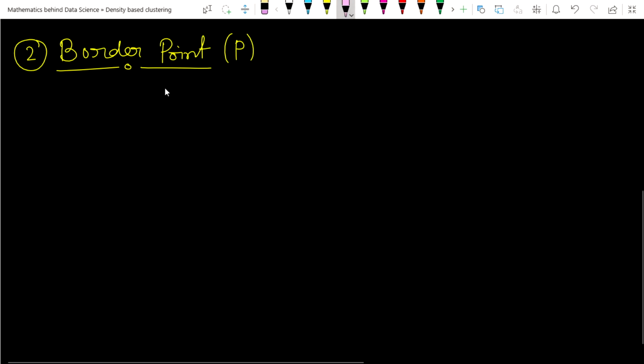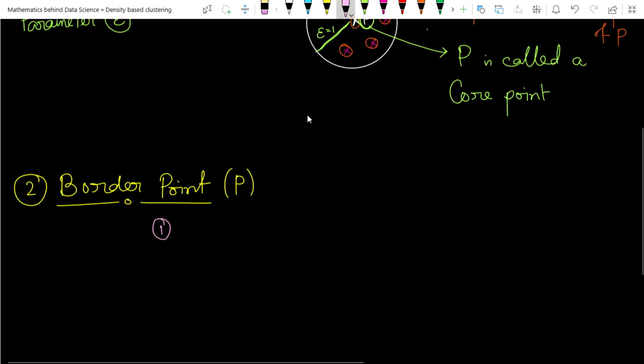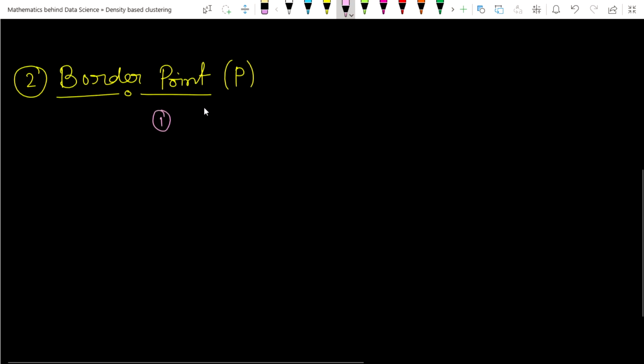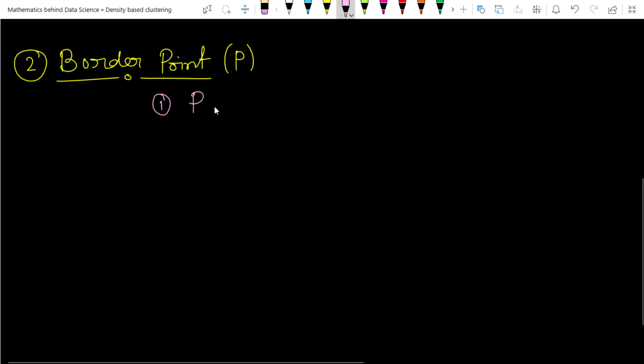Let's see them one by one. The first condition is that P is not a core point.